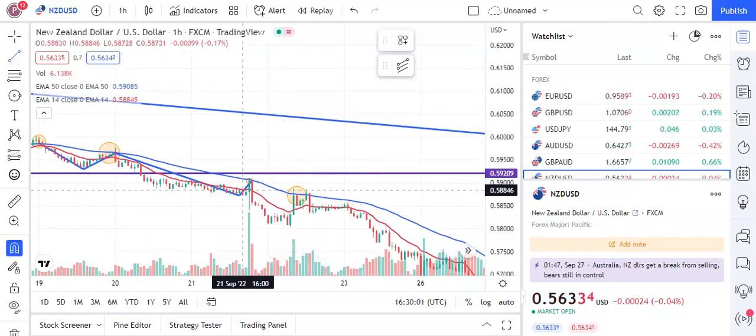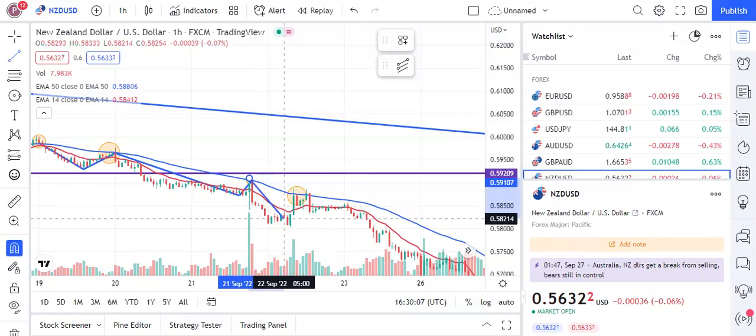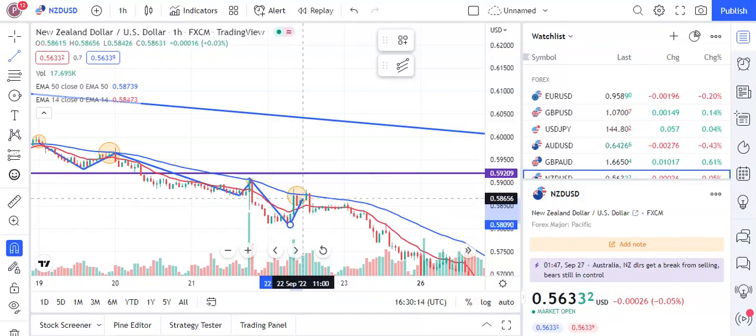And the price dropped down from this particular point, the 50 EMA where the price went to retest, down to this point, then went up again to retest this 50 EMA at this point.